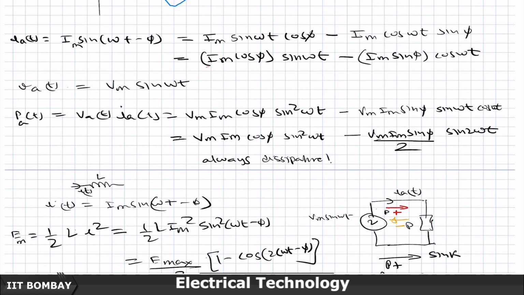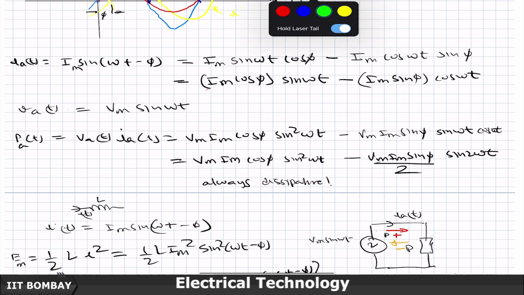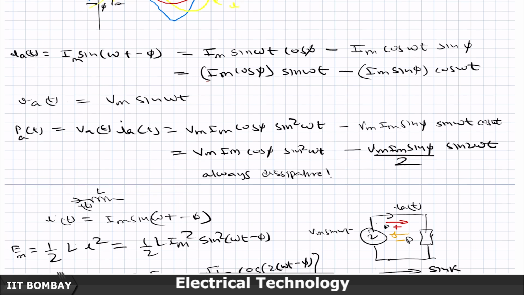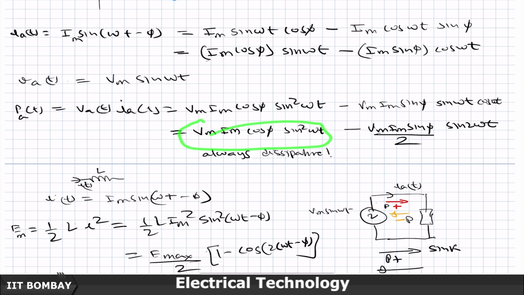So, coming back to what I was telling you, in time domain this waveform I can write as this, and I can break it into two components. This component is in phase, and it always creates a dissipative power, which is the action which was desired, and this component is completely at quadrature.